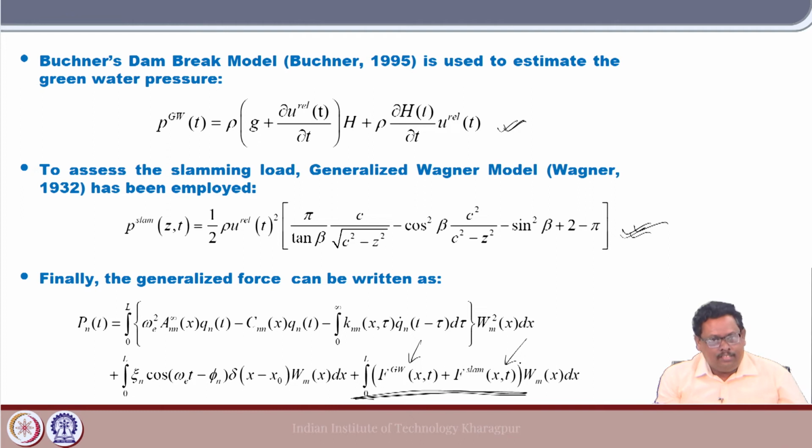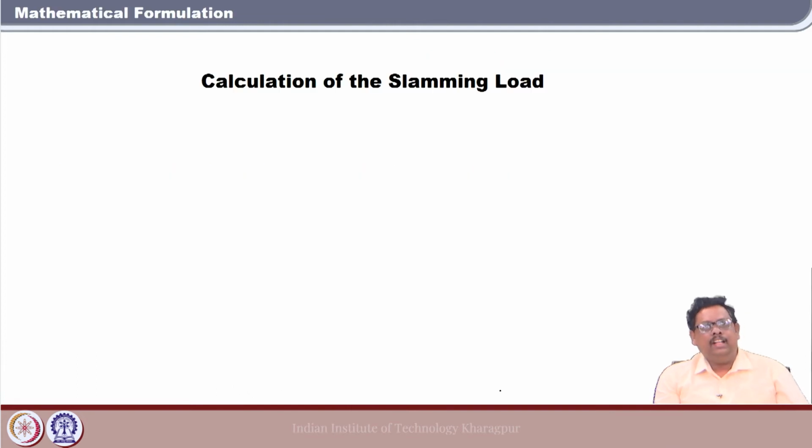It is not complex, of course, but how do I write the green water and the slamming? The idea is, when you calculate the green water and slamming, you can take a rigid body mode, get the pressure assuming it is a rigid body mode, and then multiply with the mode shape to get the slamming load as well as the green water load. So this is the idea.